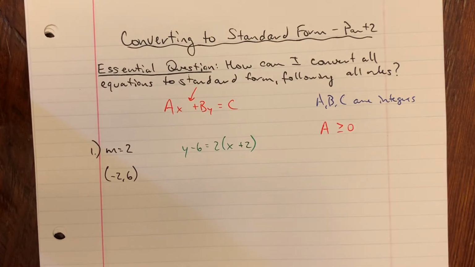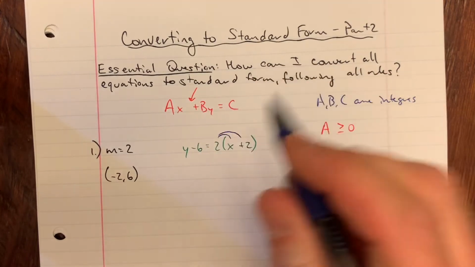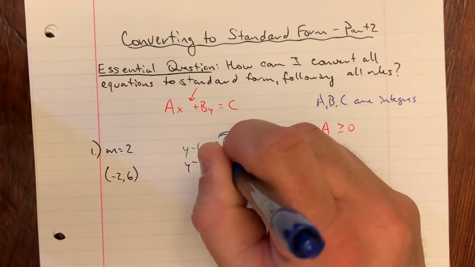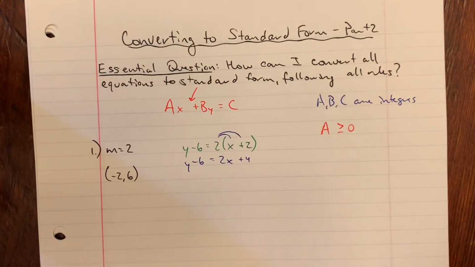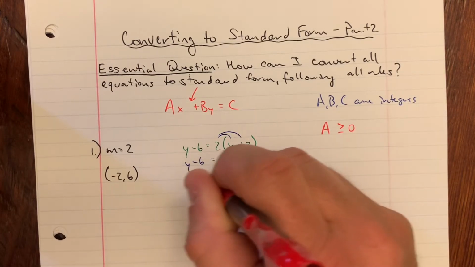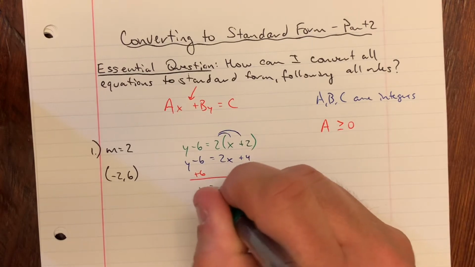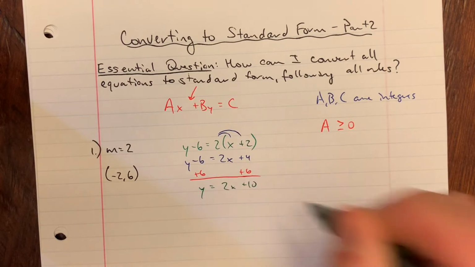And then we're going to convert that to slope-intercept form. So we're going to distribute first and get y minus 6 equals 2x plus 4. And then we have to add 6 to both sides to get y by itself. So we have y equals 2x plus 10.